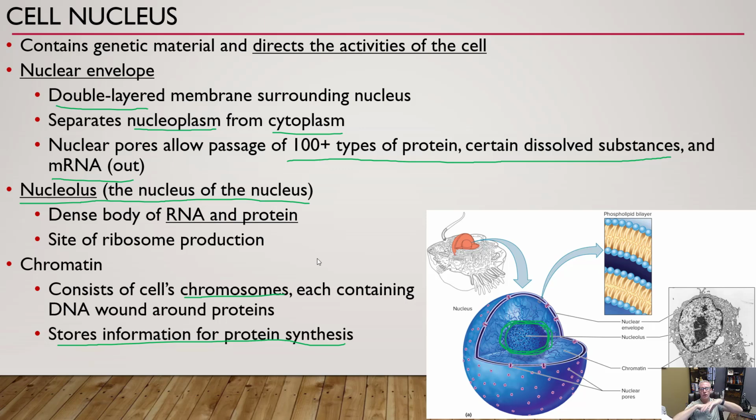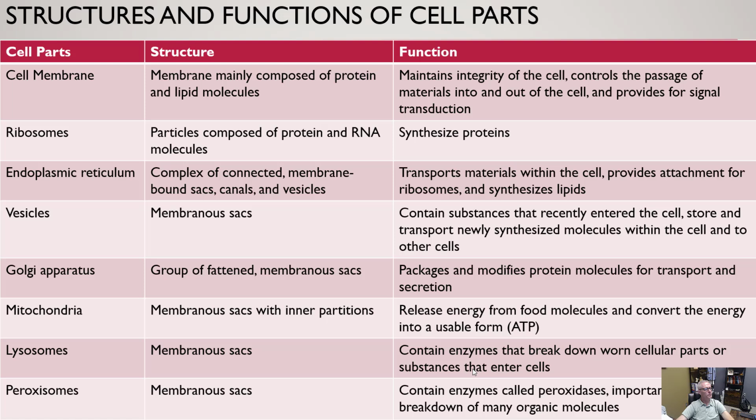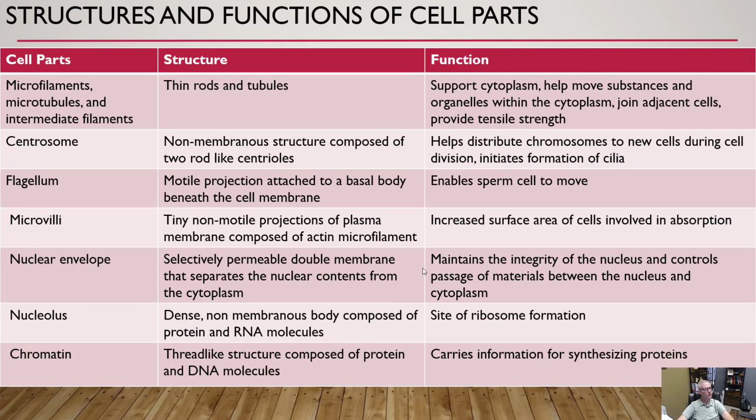Our DNA is all uncoiled, and we really can't see it under a microscope. And right before mitosis happens, that's when our DNA gets coiled up to where we can see it under the microscope. All right, this is just a summary slide of the organelle parts, the structure, and the function of the different organelles.